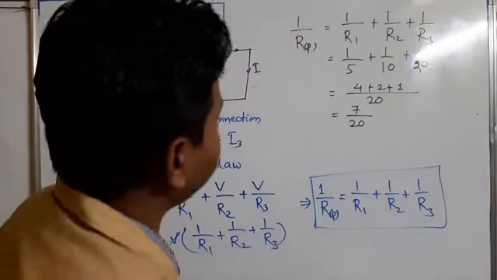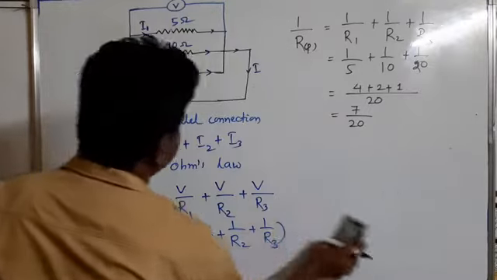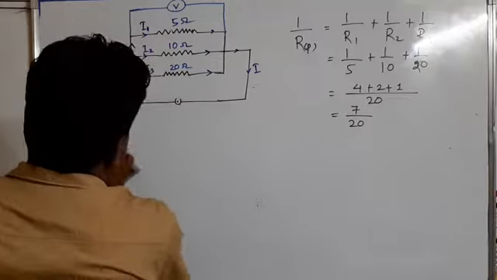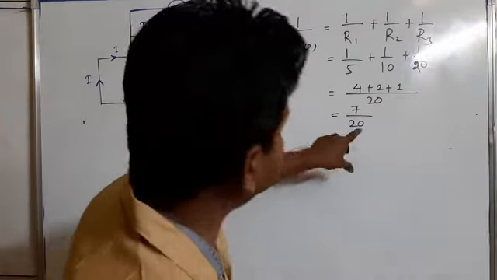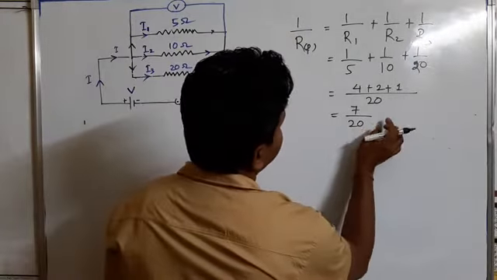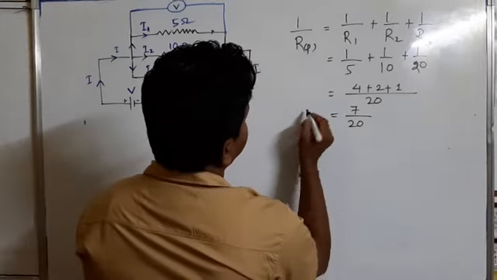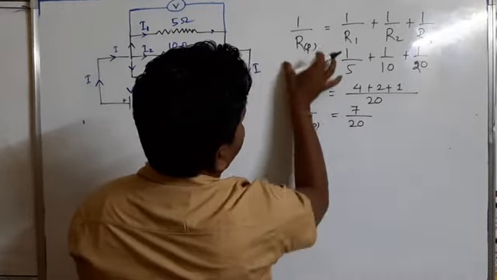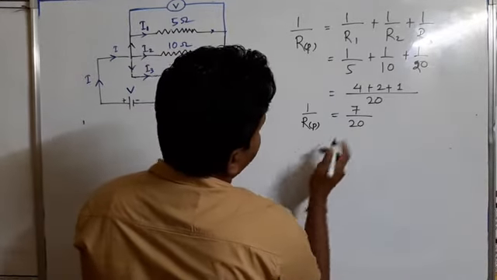So what happens, students, after finding this much, this value 7 by 20 is not the answer actually. This is 1 by Rp, because we are finding 1 by Rp equal to 7 by 20.